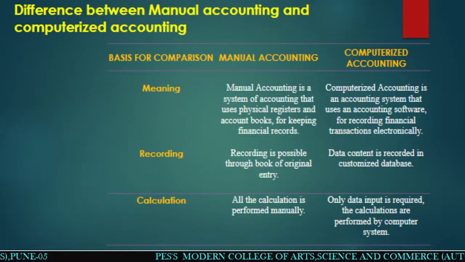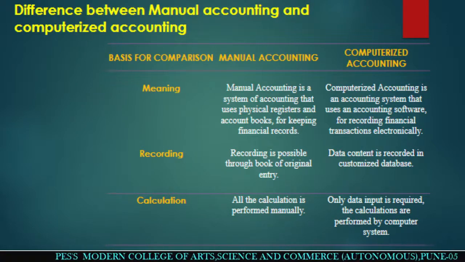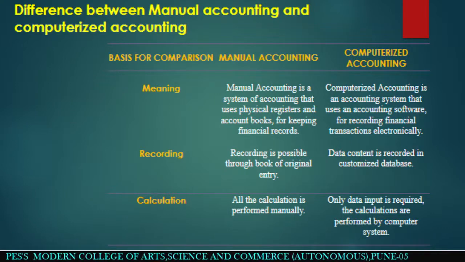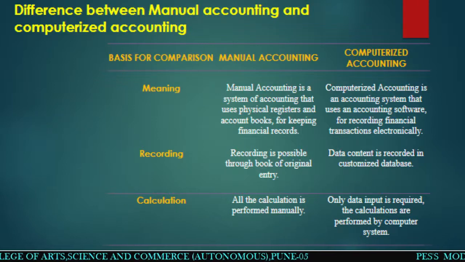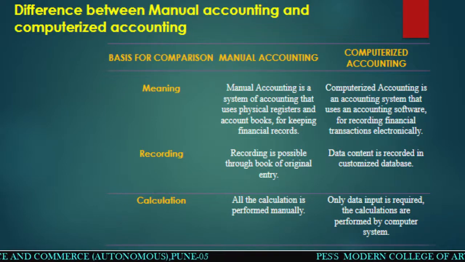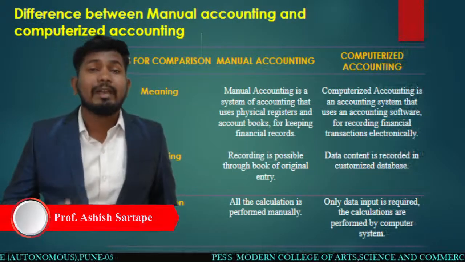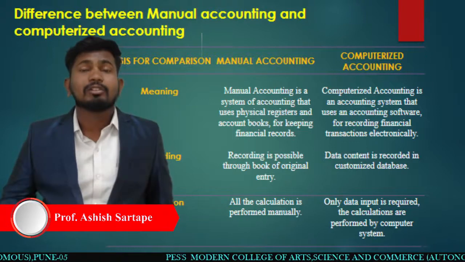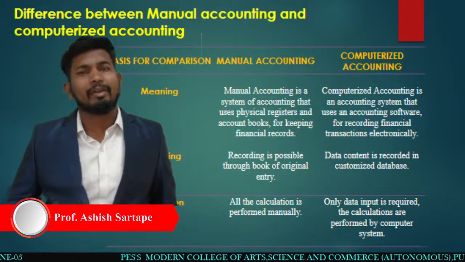The first one is the meaning. Manual accounting is a system of accounting that uses physical registers and account books for keeping financial records. With the help of physical registers and account books, we maintain the financial records in manual accounting.